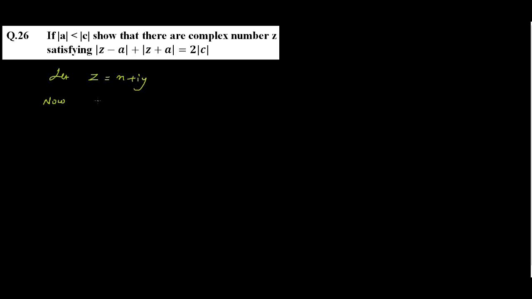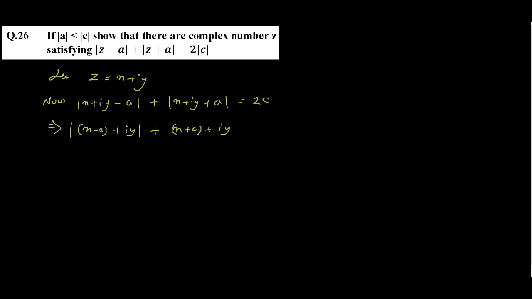Now modulus of z minus a, that can be written as modulus of x plus iota y minus a, plus modulus of x plus iota y plus a, is equal to 2 into mod c. Okay, so let me write it as c. This can be written as modulus of x minus a, that is the real part, plus iota y, plus modulus of x plus a plus iota y, is equal to 2c.